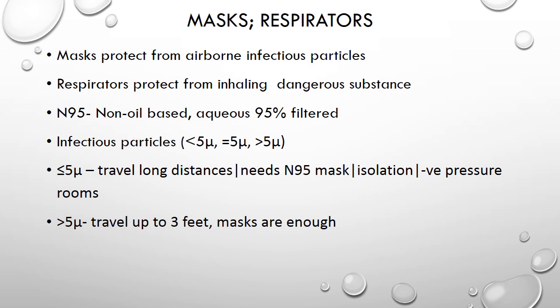It's also necessary to wear an N95 mask while handling these patients. An N95 mask is a mask which can filter up to 95% of non-oil based or aqueous particles. Organisms more than 5 microns can travel up to 3 feet, and therefore masks are enough to protect oneself.